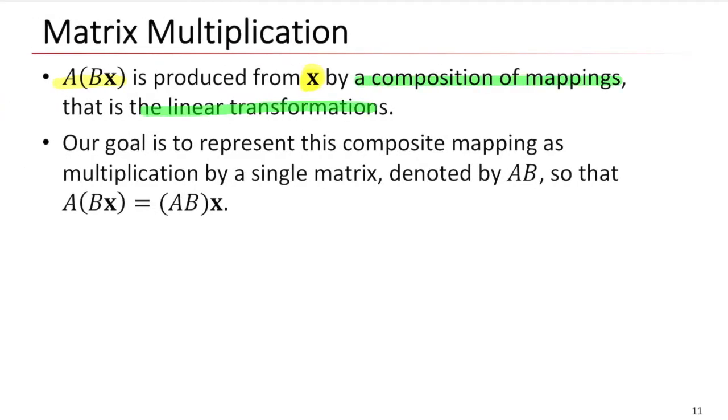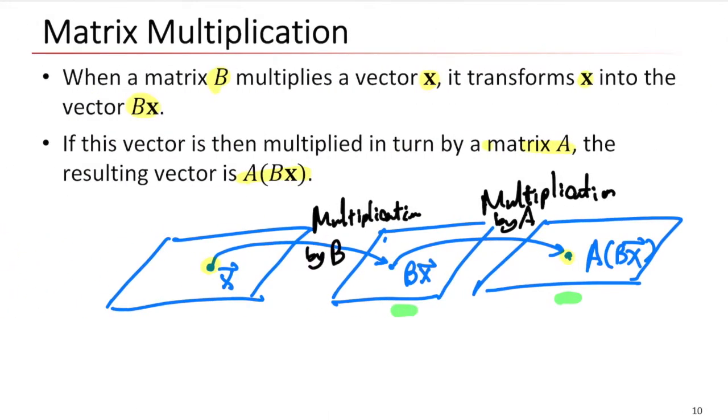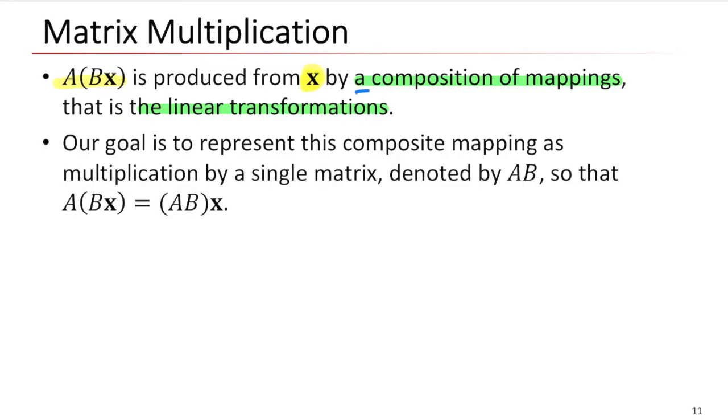This is a linear transformation. What does it mean? From here to here, there were two transformations, right? This one and this one. Vector x to A(Bx). This is the composition of the mapping.